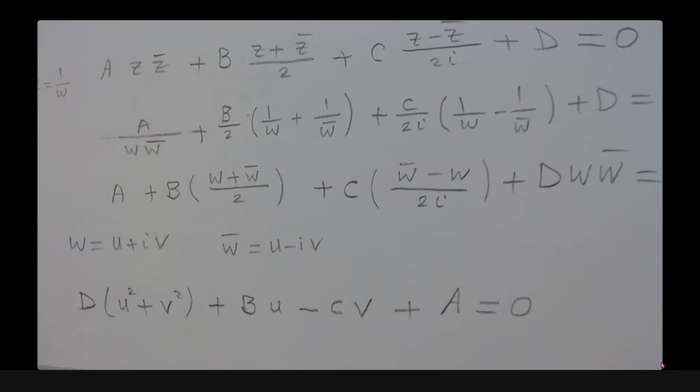And that proves the fact that a Mobius function sends a straight line to a straight line or a circle.